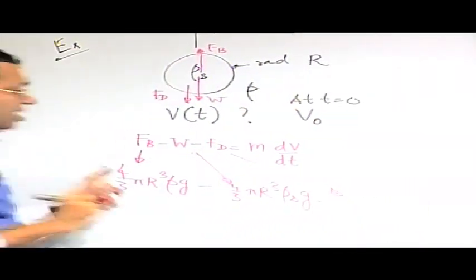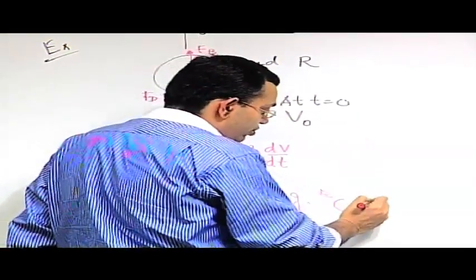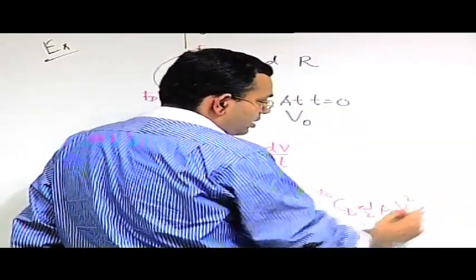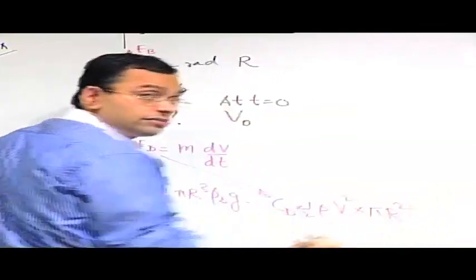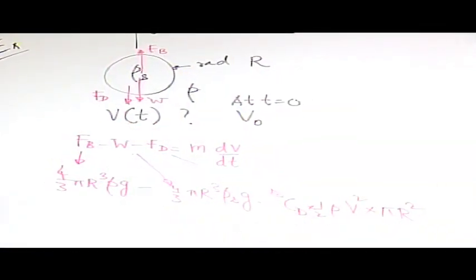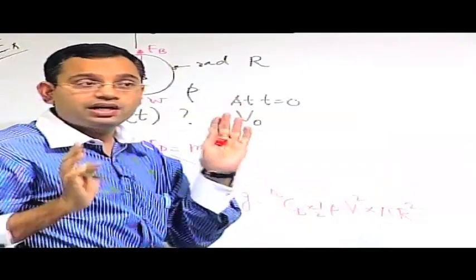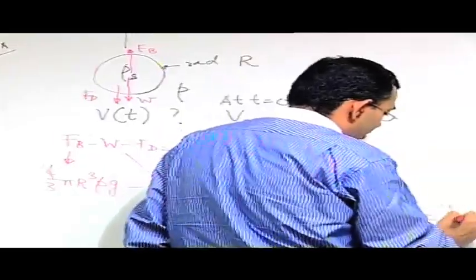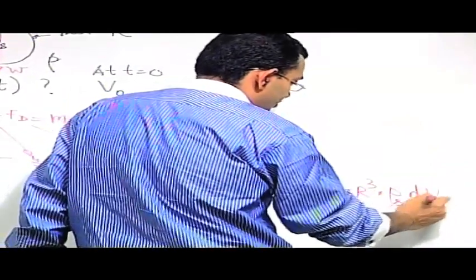So, you cannot say what it is, you can just write it as say CD into half rho v square into the reference area. That is pi r square, right. Again the projected area is the reference area for these cases. So, not 4 pi r square, that you have to keep in mind. So, that is equal to 4 by 3 pi r cube into rho of the sphere into dv dt.